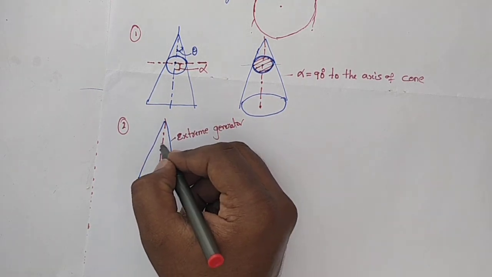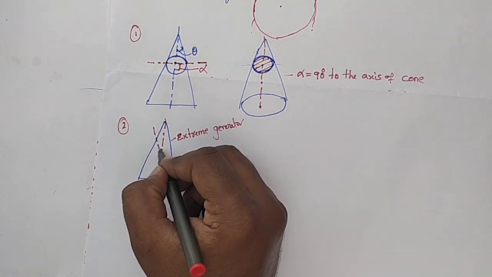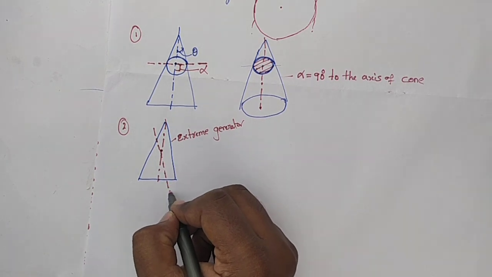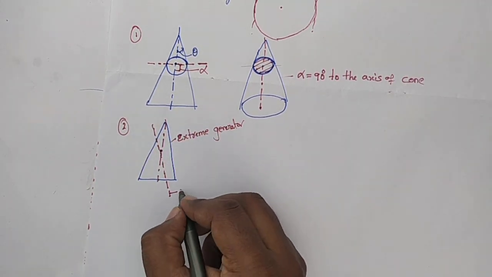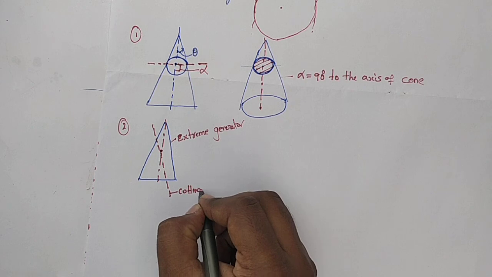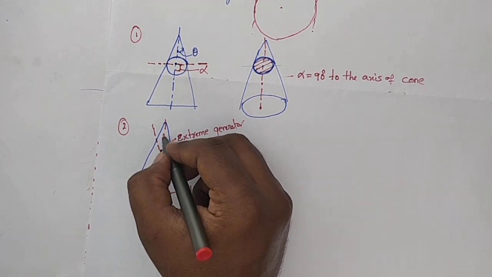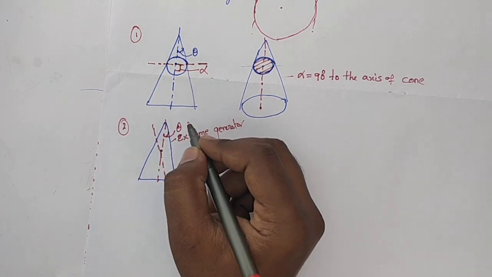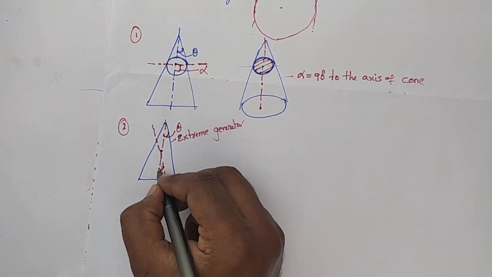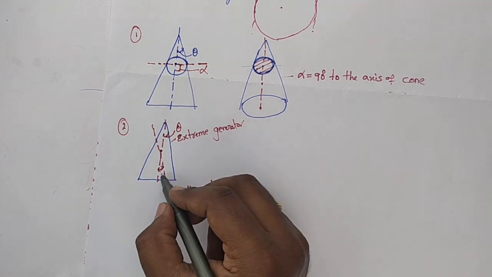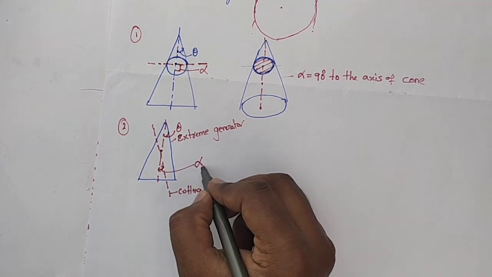Suppose I'm taking this point. This is the cutting plane. Observe, this is theta, and this is the angle between the axis and the cutting plane, represented by alpha.